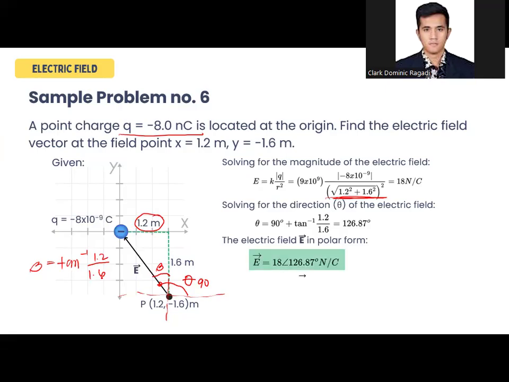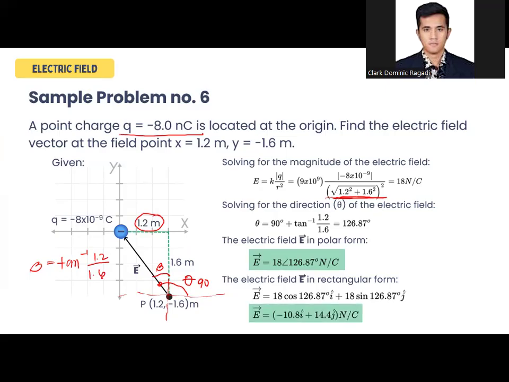So that's our answer. Or we can write it in rectangular form, using the same method we used in solving for the force earlier. To get the x component, we do 18 cosine of the angle, i hat, plus, to get the y component, 18 sine of the angle, j hat.